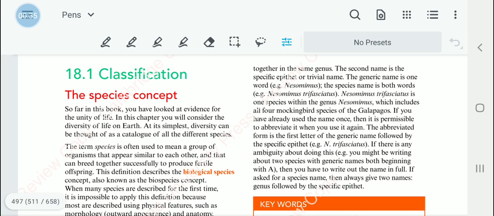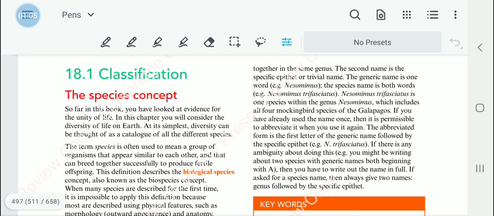Classification, obviously you know what classification is. Classification is the separation of different kinds of animals into similar groups so that we can understand about them and learn about them easily. The diversity of different species and different animals is studied in this.